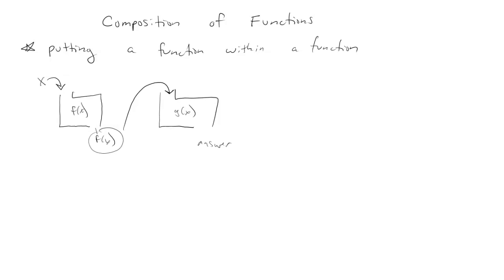So basically what I'm doing is I'm only plugging in my value in first to get an answer. Okay, so how we can read this in mathematical terms is we can say that f of g, so fog of x. And what that looks like is we're saying that this is really f of g of x.